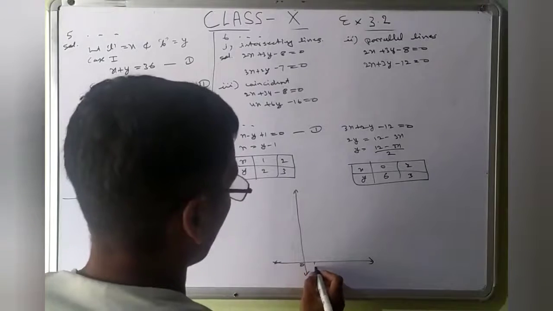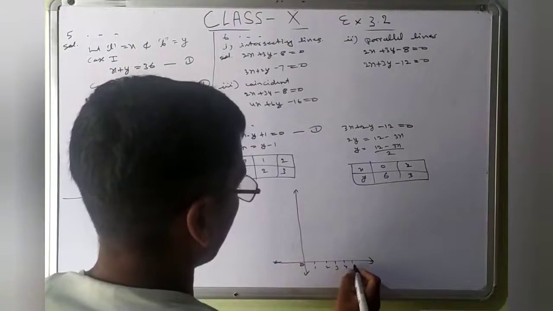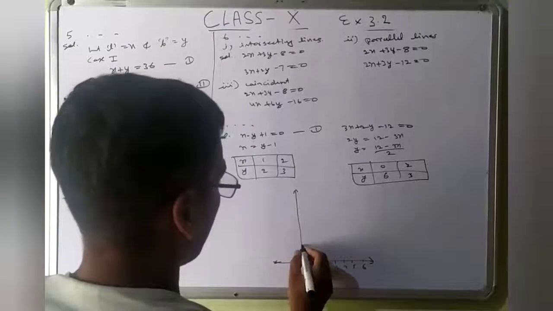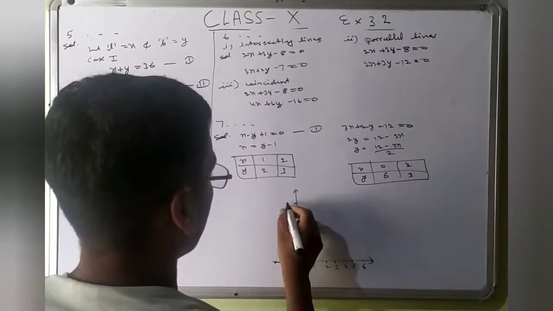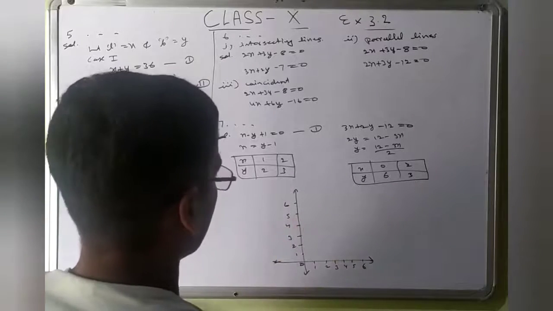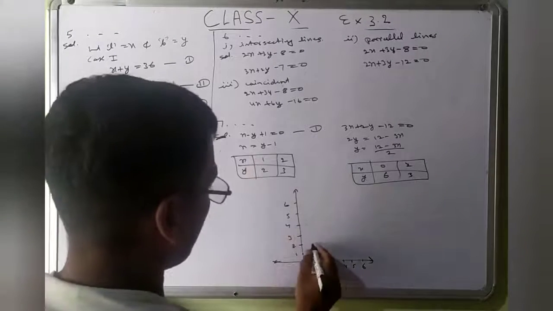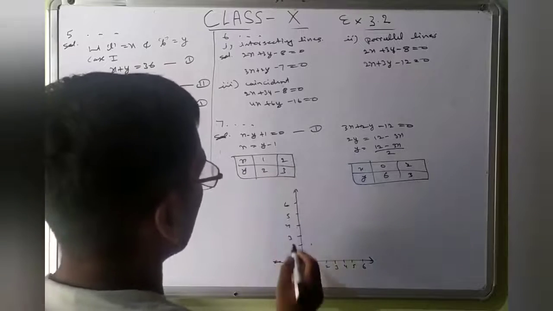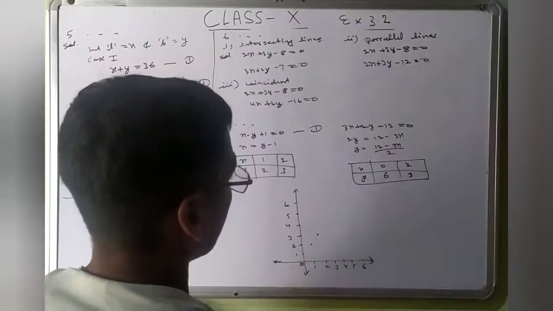Mark 0, 1, 2, 3, 4, 5, 6 and 1, 2, 3, 4, 5, 6, because the maximum value is 6. From the first equation, points 1 and 2 and 2 and 3.